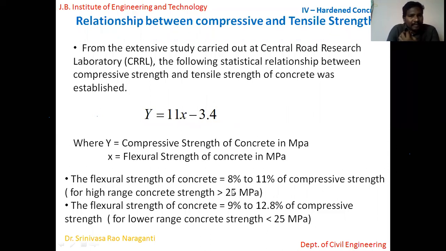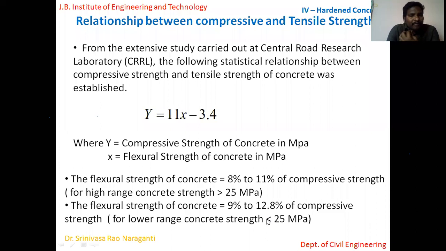Example, say you're using M30 grade concrete. So your compressive strength is approximately 30 Newton per mm square, that is 30 MPa. If you're using about 11%, then I can expect about 3.3. So your tensile strength will be approximately 3.3 MPa. Or else maybe 8 to 11%, anywhere around 10%, it will be about 3 MPa. That's how it is if your mix is richer than M25 grade concrete.